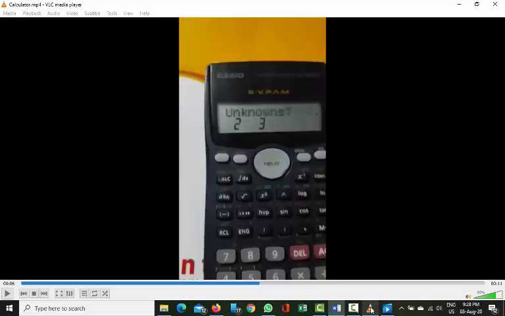If you solve it using your calculator, if you are using the old form of calculator, since we have only two variables, you will press 2 and then press equal.